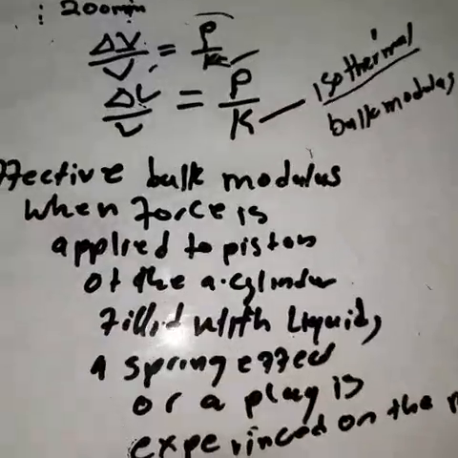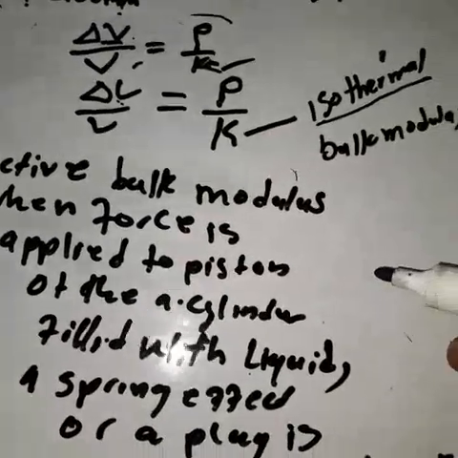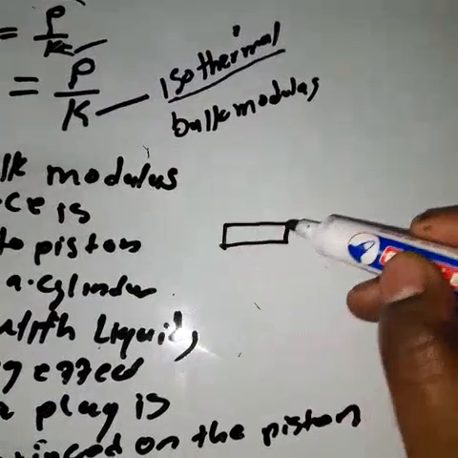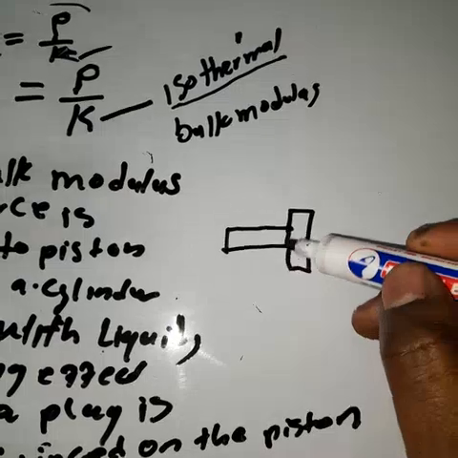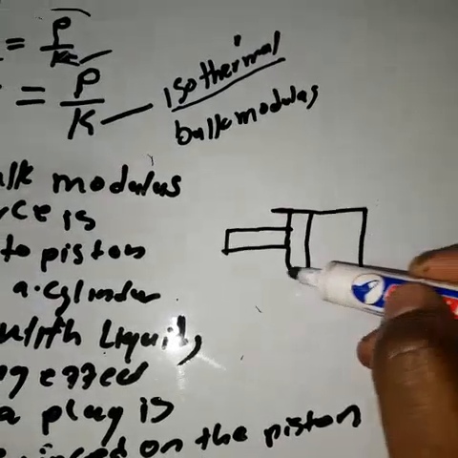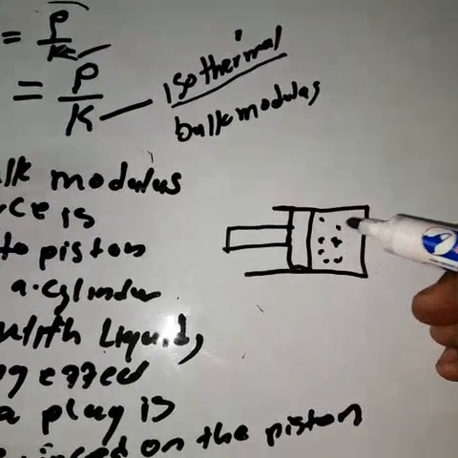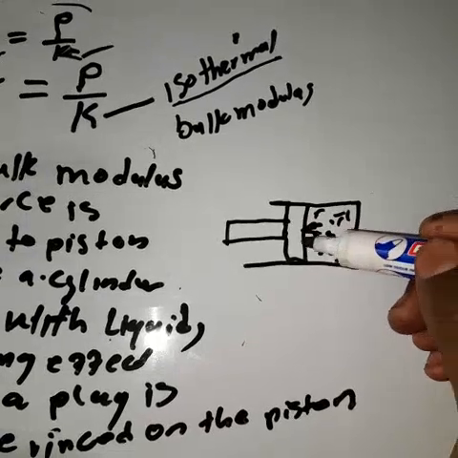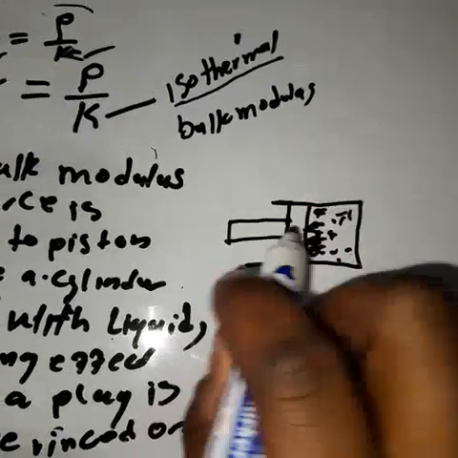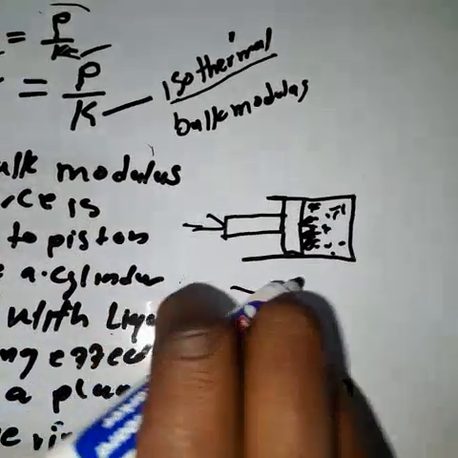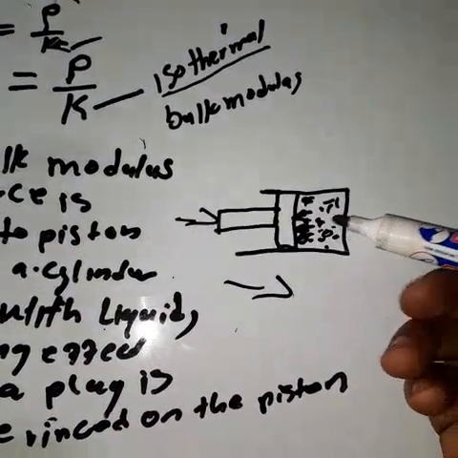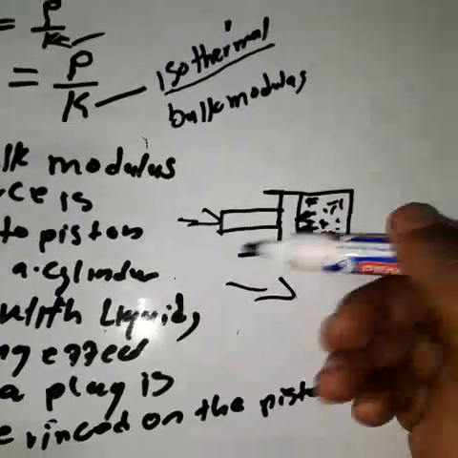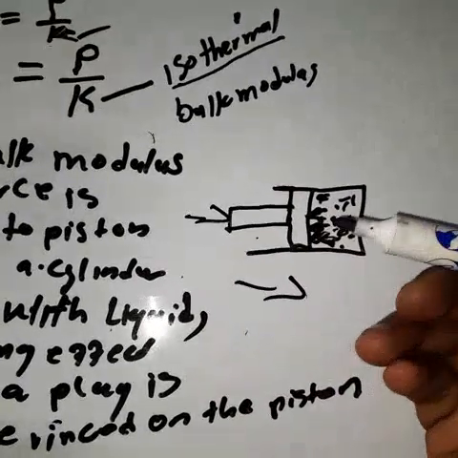Let's say I can draw a piston here. Here is a gas or liquid, it will depend. When I apply the force here and compress this, remember this gas will try to push this piston upwards in the opposite direction, which we call the effective bulk modulus.